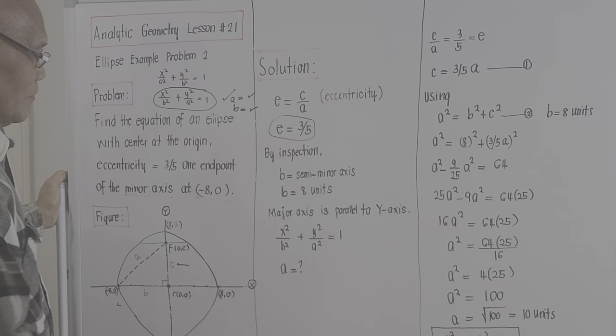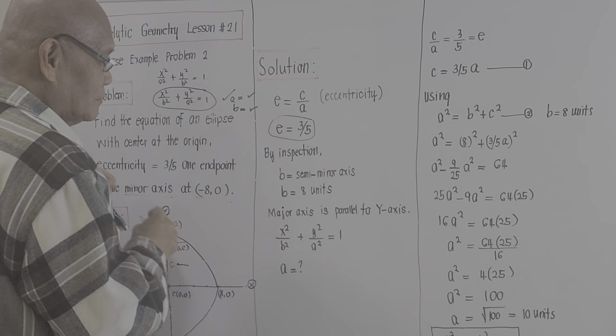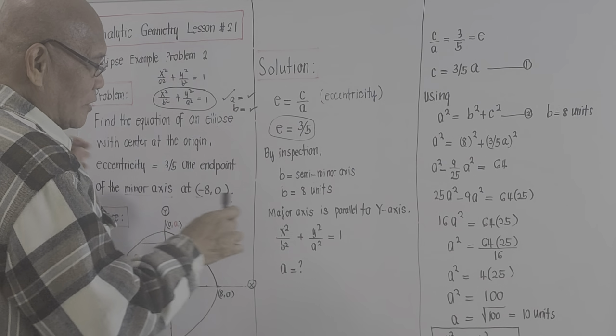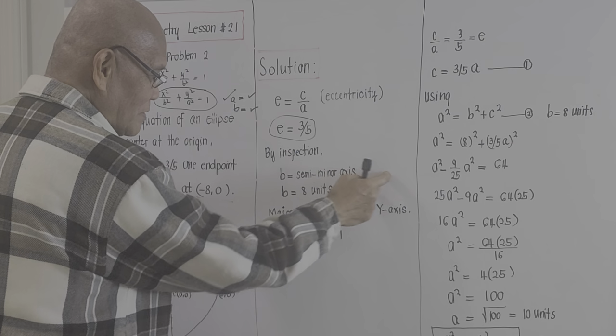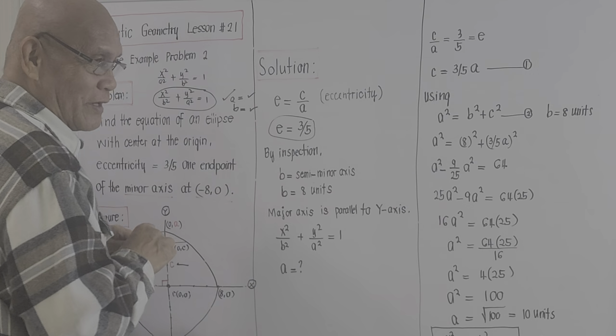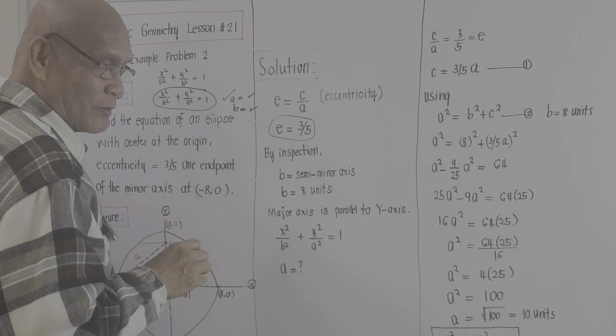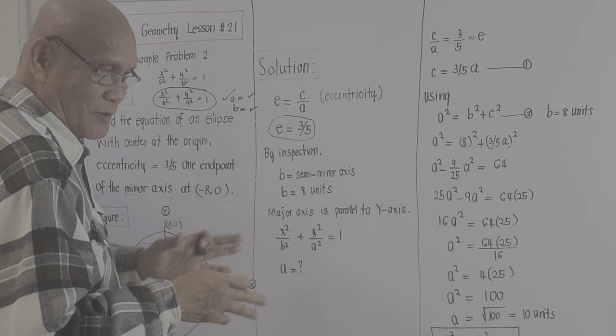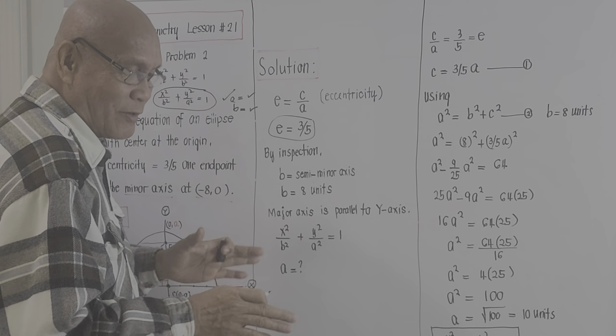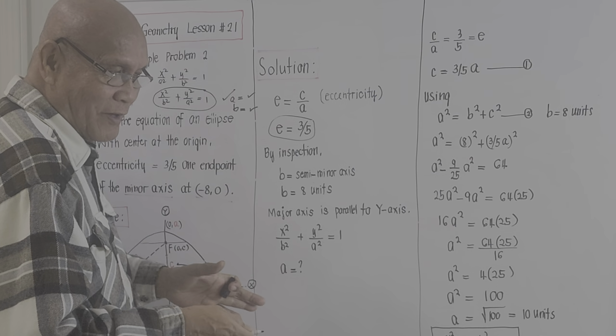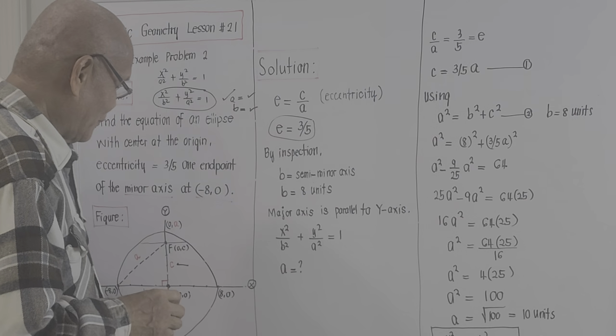Okay. By inspection, B is the semi-minor axis, and we don't even have to compute for the value of the semi-minor axis. It is actually given, and we could do that by inspection.